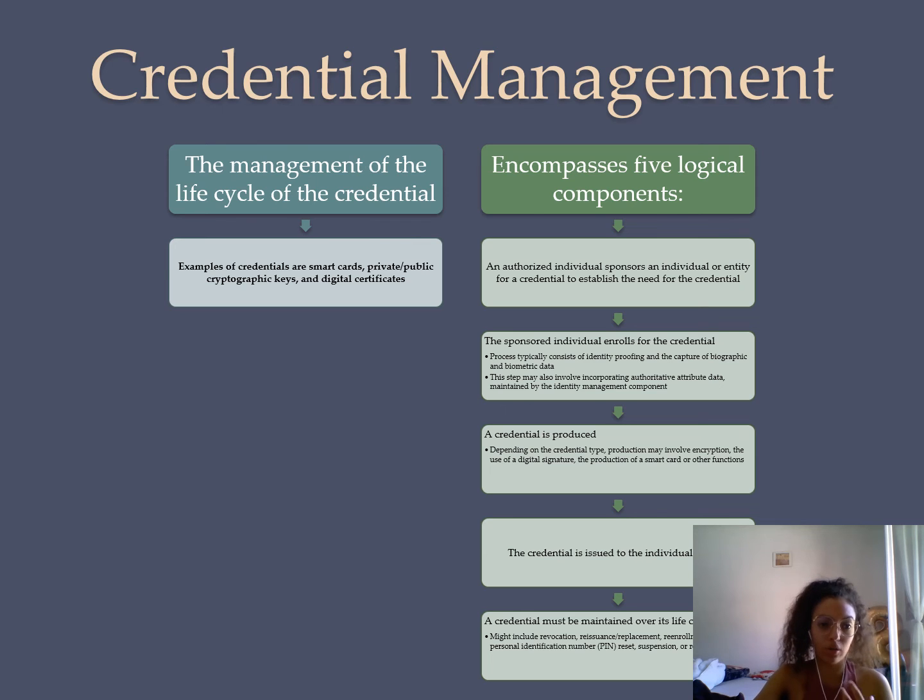Then we have the producing of said credential. Depending on the credential type, production may involve encryption, the use of a digital signature, the production of a smart card or other functions. Then we have the credential being issued to the individual or the entity.